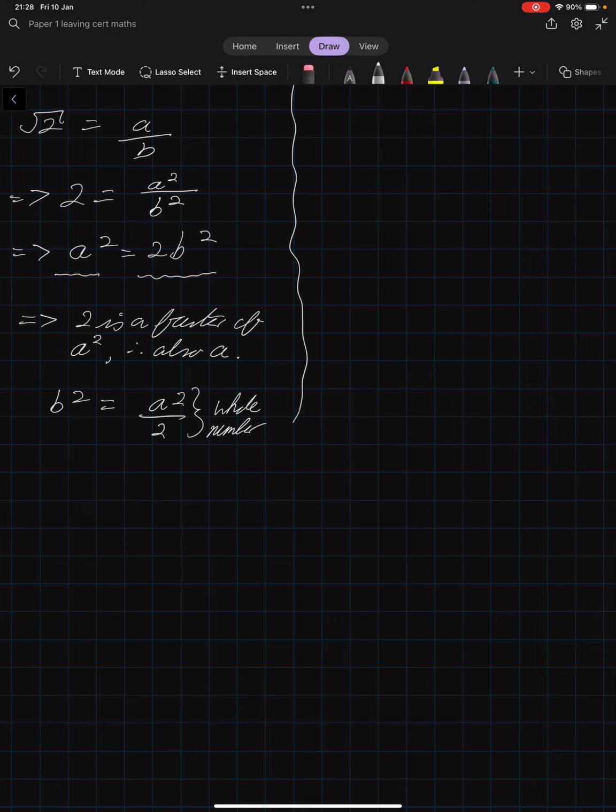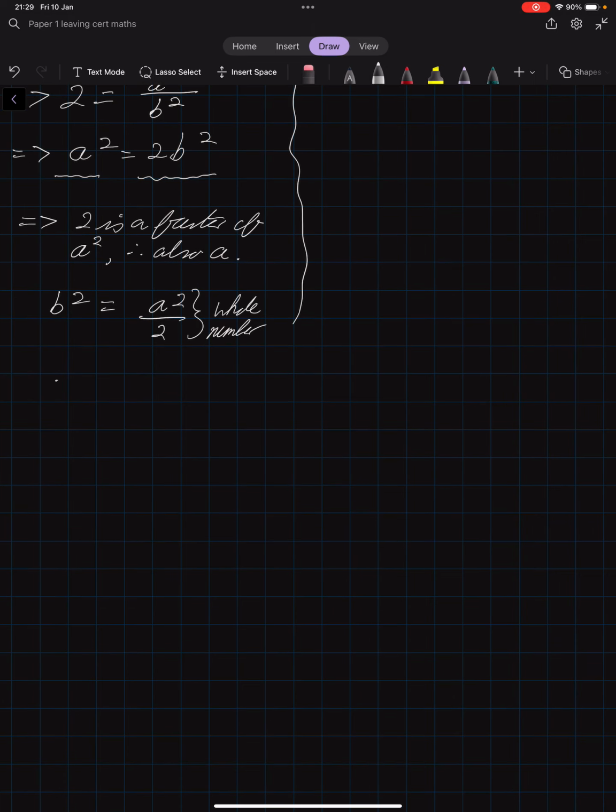And just for instance, if a was odd, so I just assume it was 1, and I get 1 squared over 2, that's a half, and that's not a whole number. So the only way that it can be a whole number is if a is even, and therefore 2 is a factor of a. Okay?